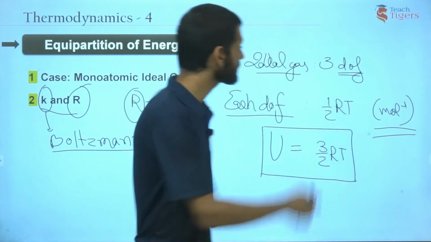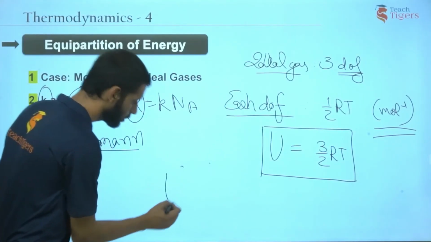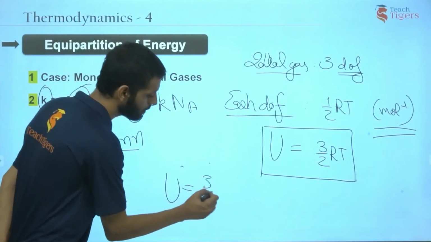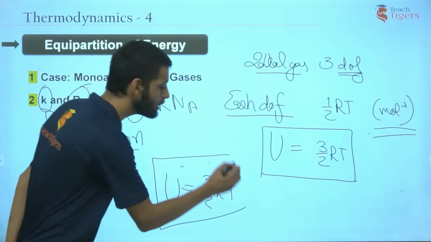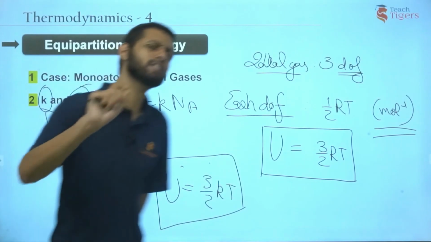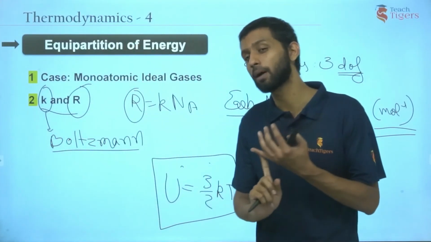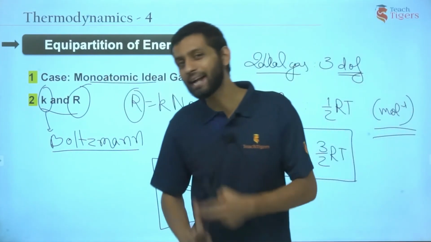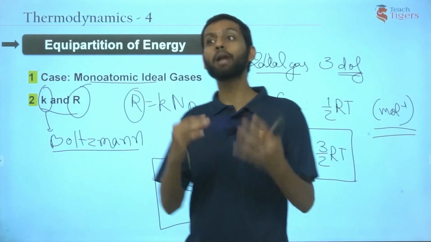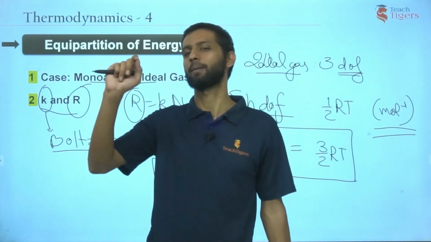And if you replace this in the formula, if you write U equals 3 by 2 kT, then this is the average energy per molecule of the gas, per atom. We are talking about monatomic. So per atom of the gas. See, thermodynamics can't tell you what is the energy of this particular atom.